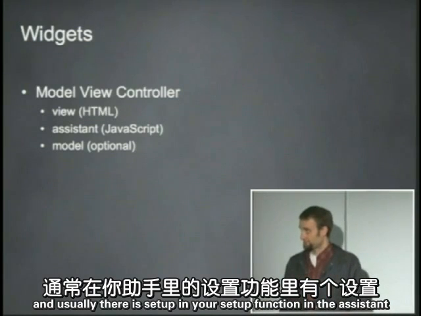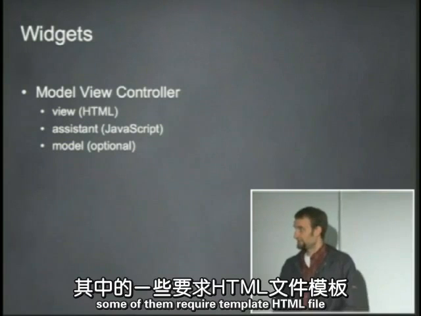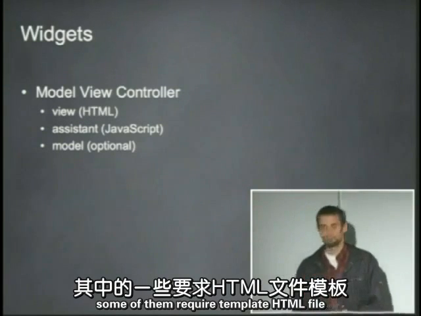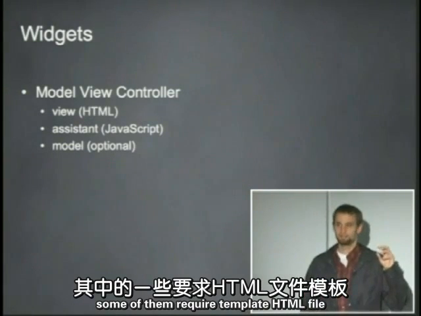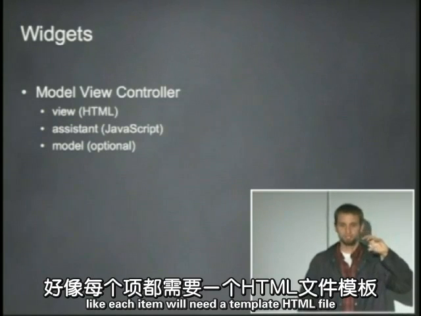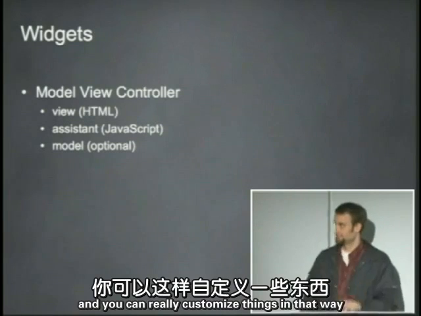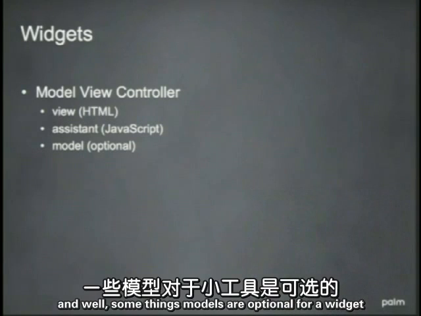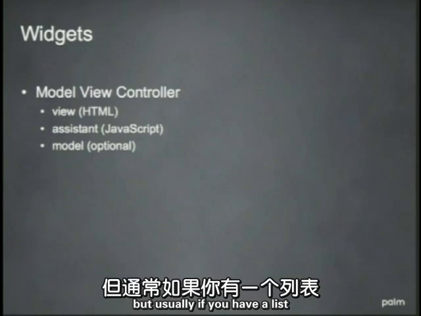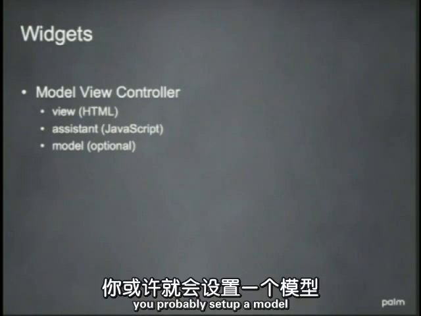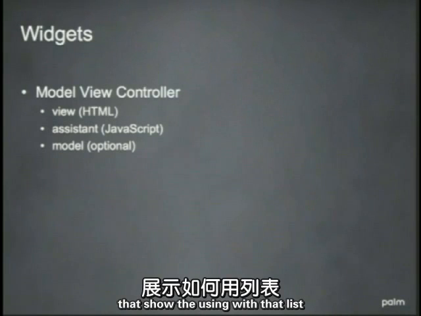Usually they're set up in your setup function in Assistant, and some of them require template HTML files. So for lists, each item in the list will need a template HTML file, and you can really customize things that way. Models are optional for a widget, but usually, say you have a list and you want a bunch of items, you'll probably set up a model that you'll be using with that list.